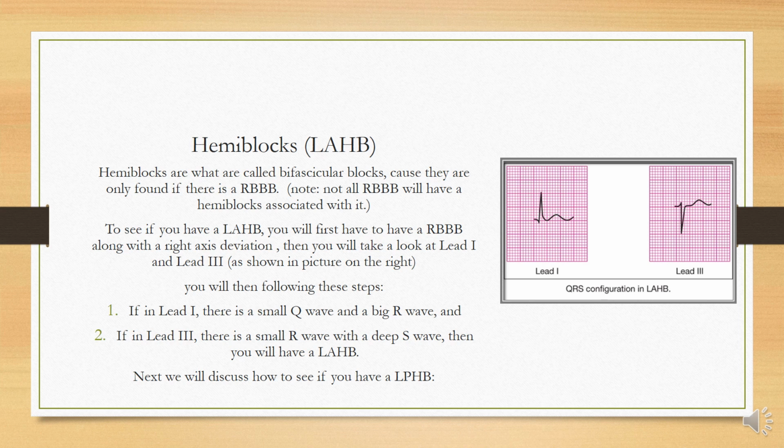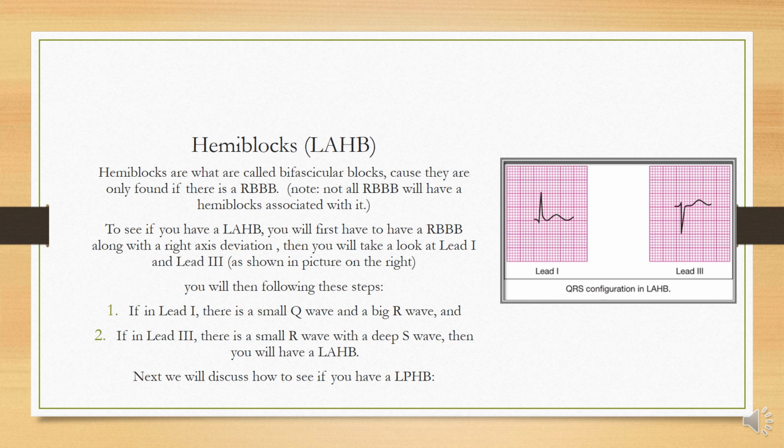We have a left anterior hemiblock and a left posterior hemiblock. So either one of those fascicles can be blocked, and it causes you to have a hemiblock. Let's see how we determine if we have a left anterior hemiblock.